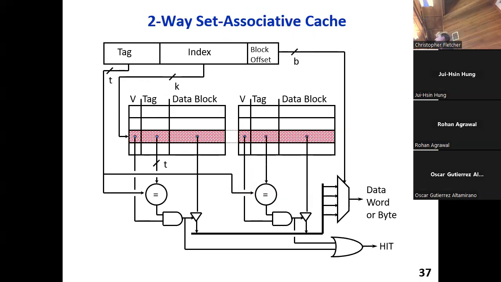Two-way set associative alleviates this a little bit. So with a two-way set associative cache, again, think hardware optimized hash table. All we've done here is we've changed it so that instead of 1 slot per bin, we're going to allow 2 slots per bin. So what do we do? We do exactly what a hash table would do. So you squint your eyes a little bit and you immediately see a hash table. You have the same hash function, index bits going into one of the bins, which corresponds to a row in these two tables.